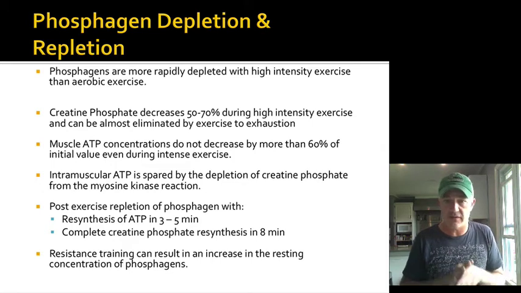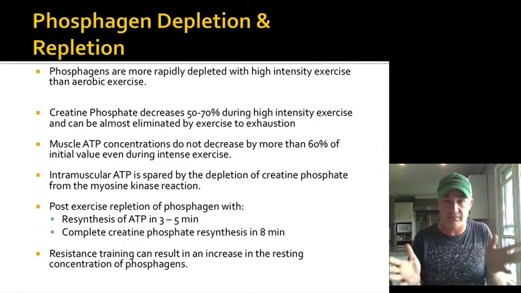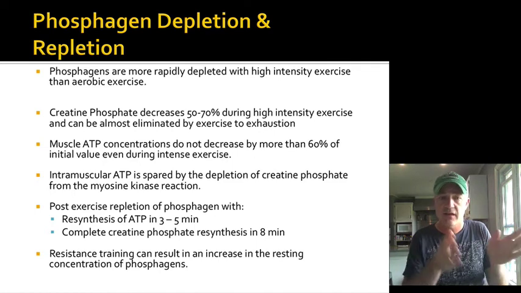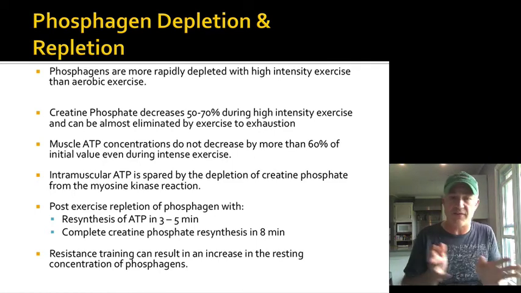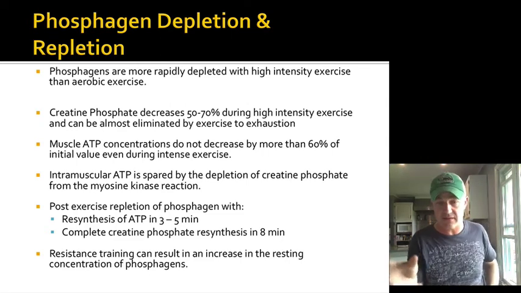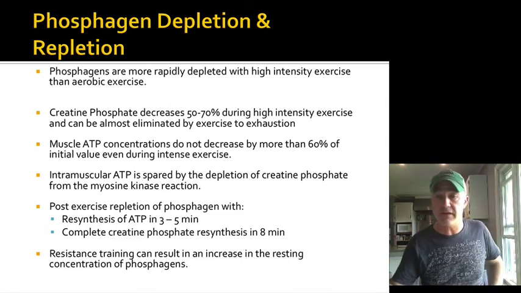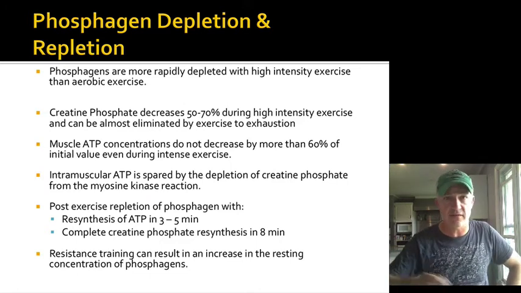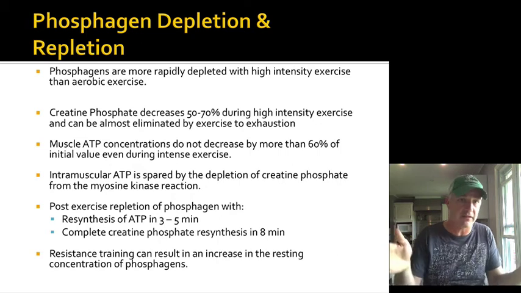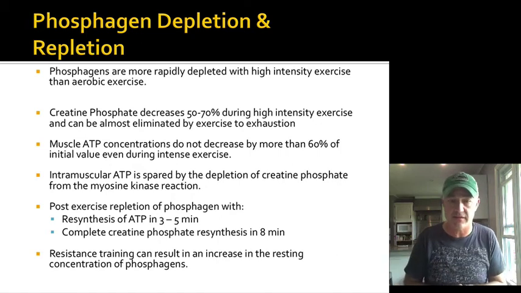Again, the ATP levels in the muscle don't decrease all the way from their initial value, even during that intense exercise. And we're going to see it's over about 3 to 5 minutes, up to about 8, for full resynthesis. You can basically have this system fill back in and be completely back to pre-exercise state.